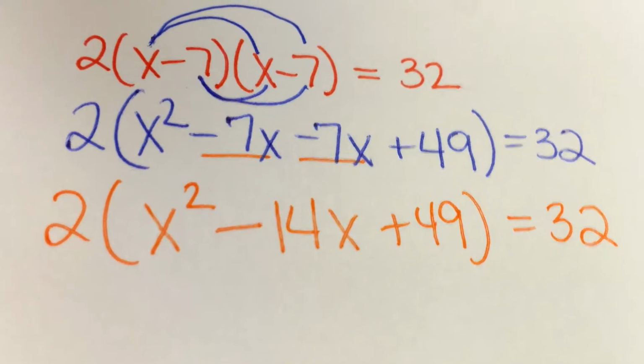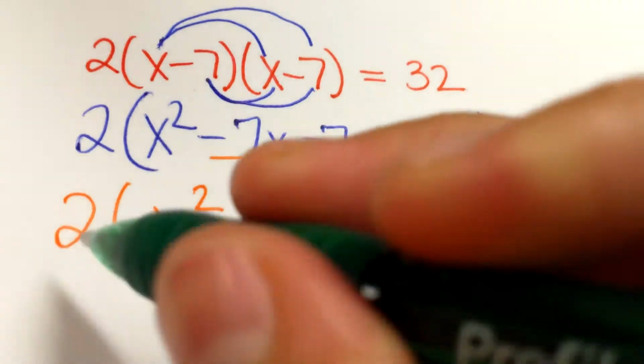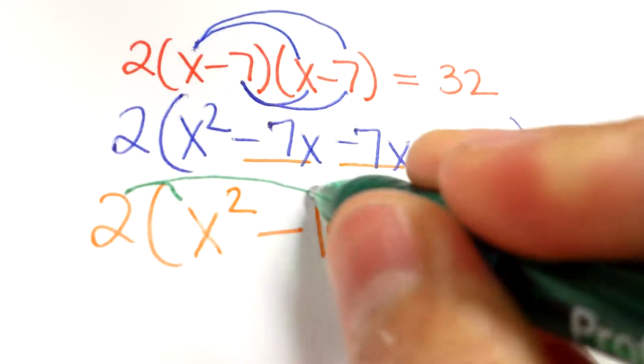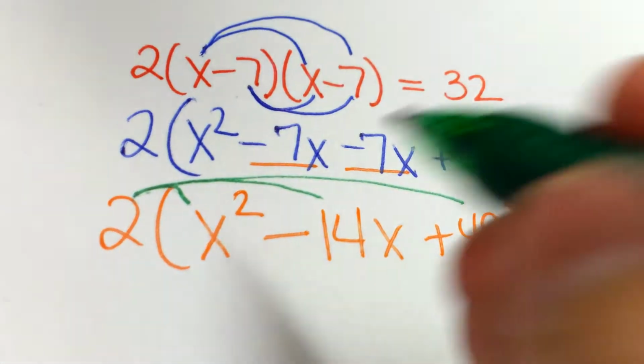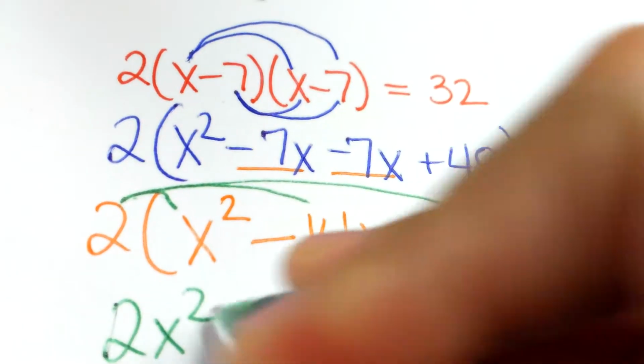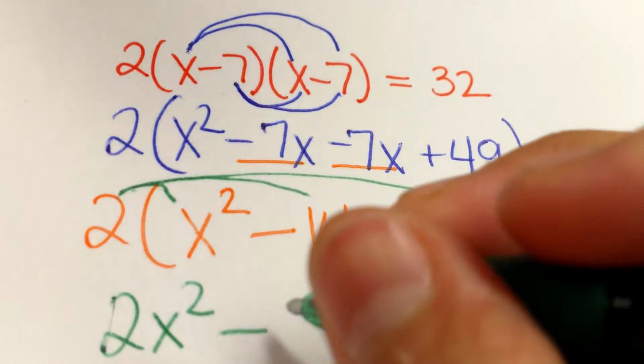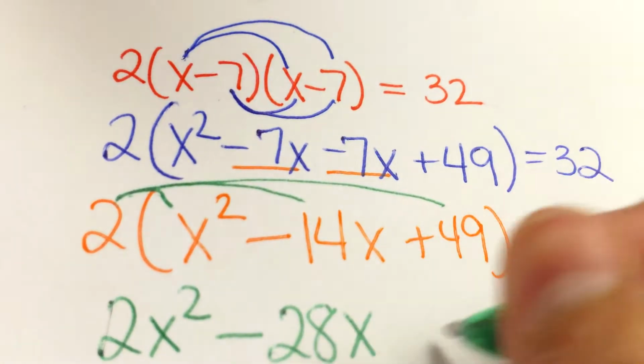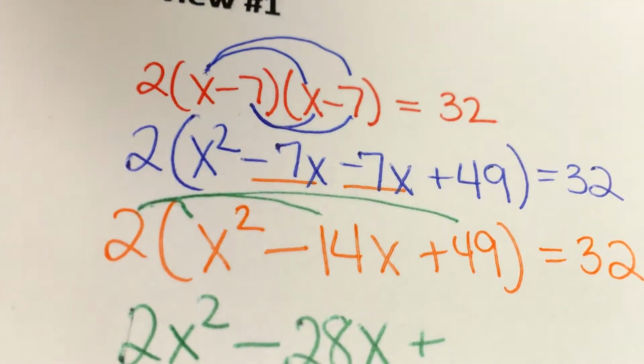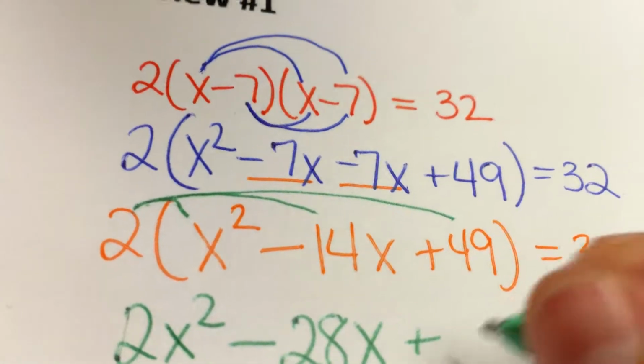Then we do the distributive property. We multiply the 2 to everything. Yeah, I know it takes a while. 2x squared minus 14 times 2 is 28x. Plus 49 times 2 is 98.